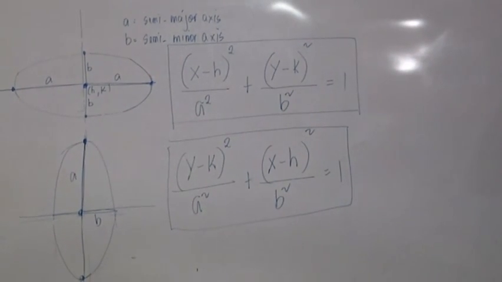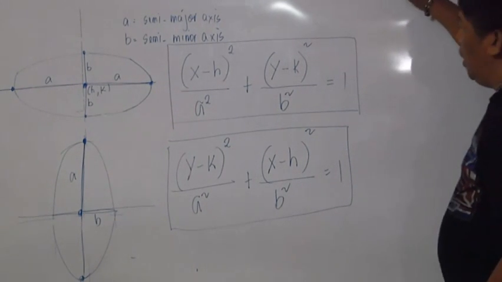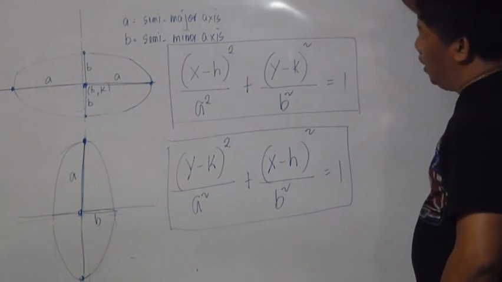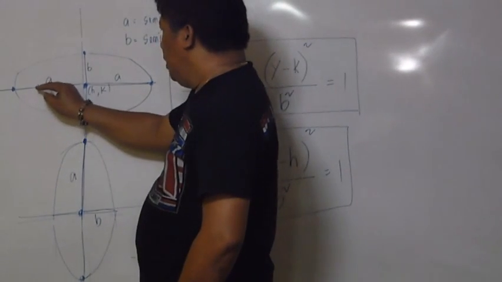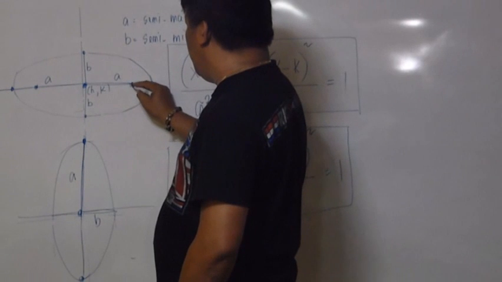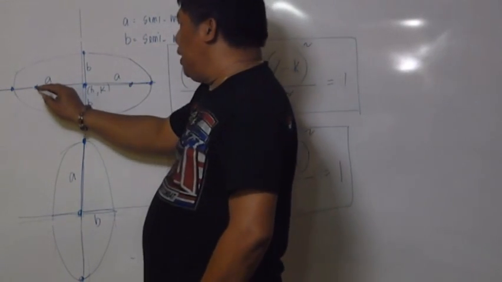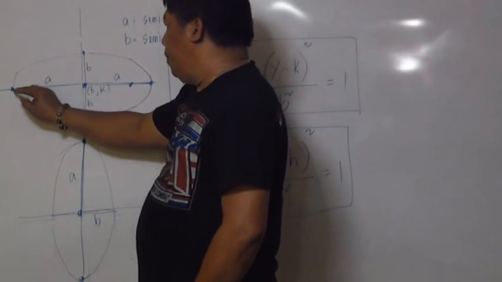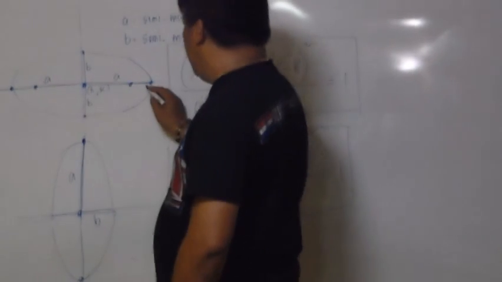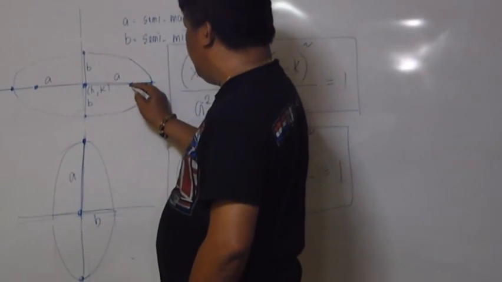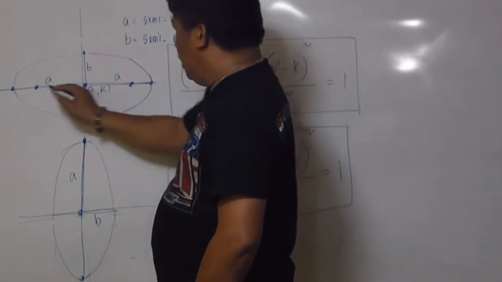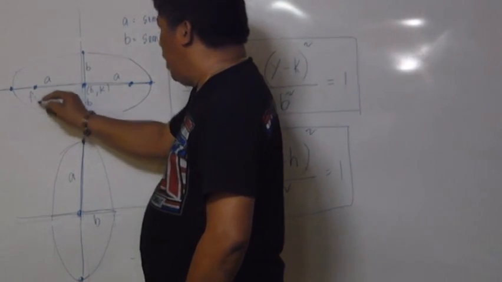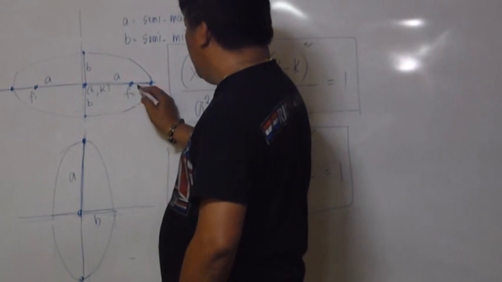Now let us have an example or assumption. By the way, the ellipse is defined by foci, a focus here and another focus here. The focus is the distance from the vertex to this point, and as well as this, that is the same distance as that, because this point is our focus point. Focus 1, focus point 2.